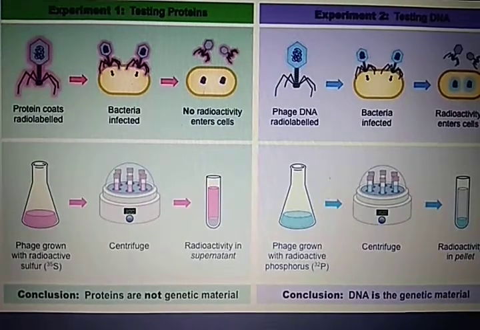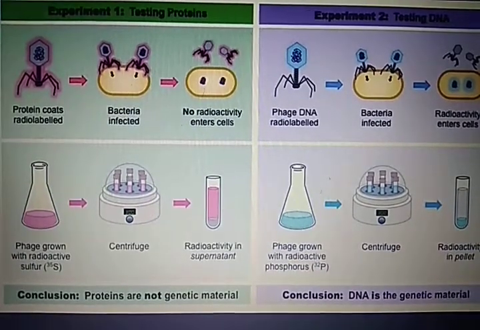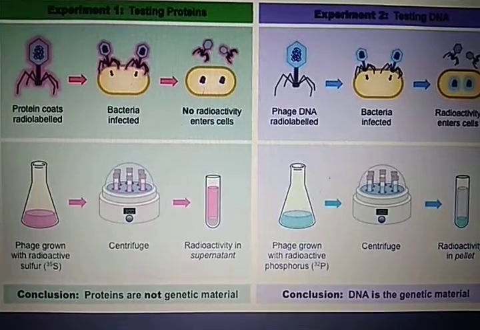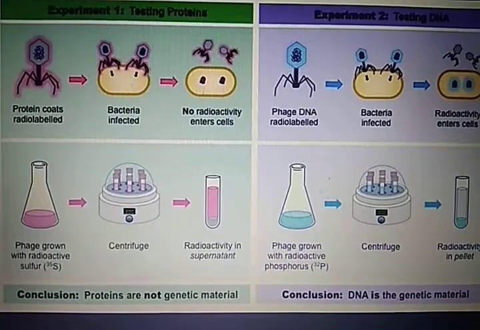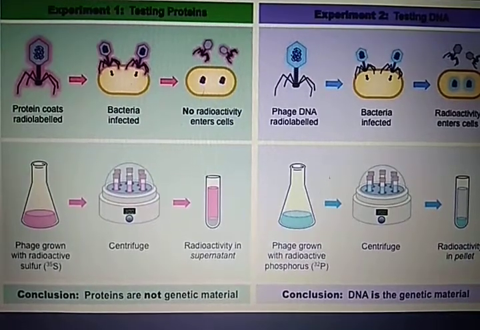So the virus grown in the presence of radioactive phosphorus, that is P32, contained radioactive DNA but not radioactive protein. This is because DNA contains phosphorus, not proteins.